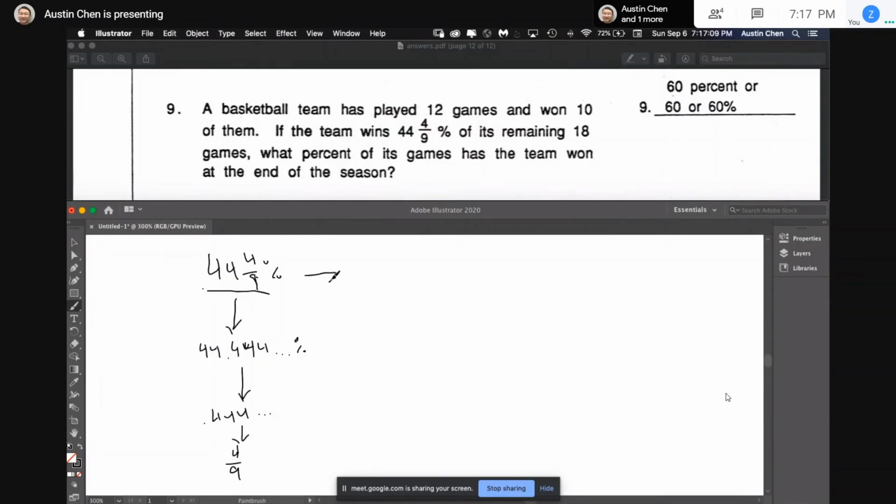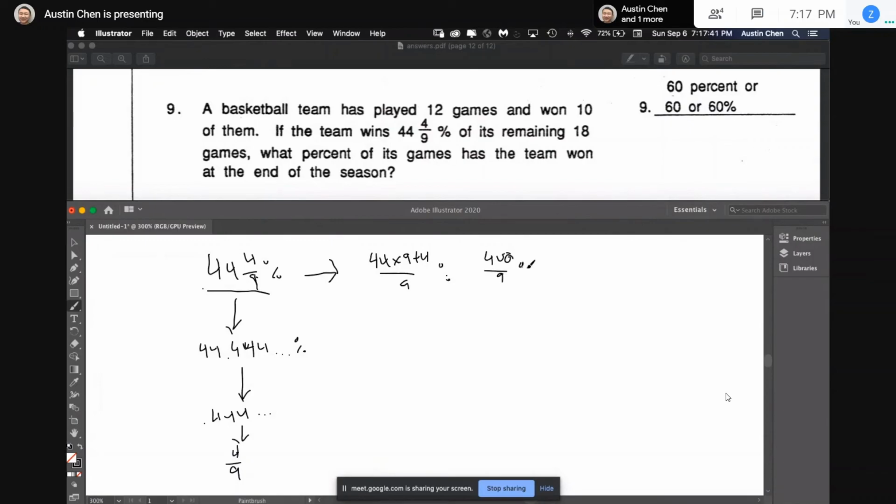Now, there are other ways to do this as well. You could put the 44 into the fraction to make an improper fraction. That would probably take more work. So you'd have 44 times 9 plus 4 on the top, and you still have over 9%. So 44 times 9 is 360 plus 36, which is 396. 396 plus 4 is 400 over 9.